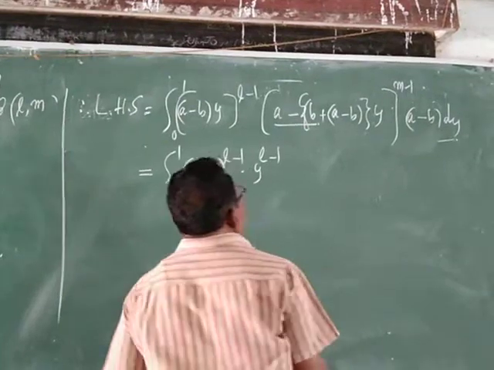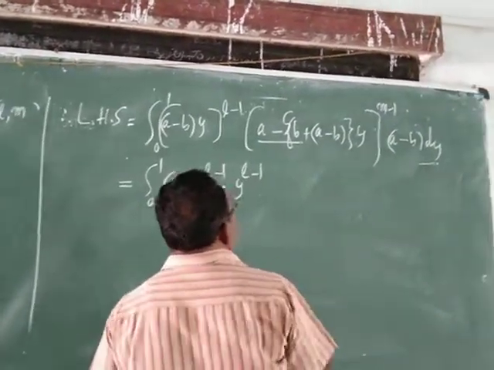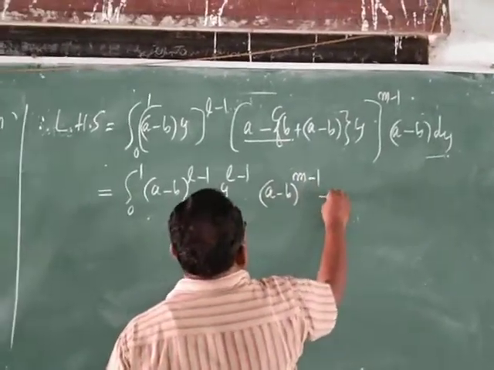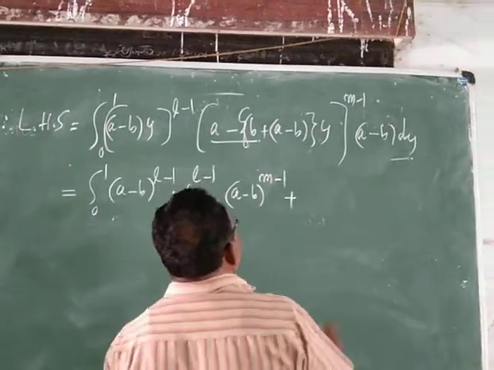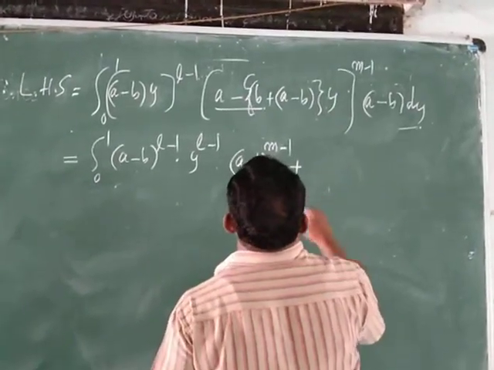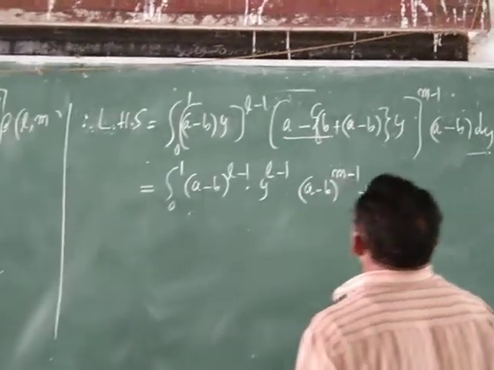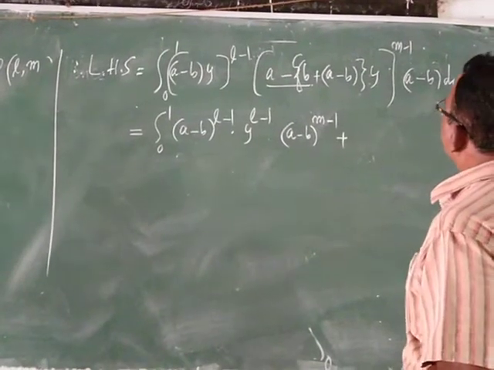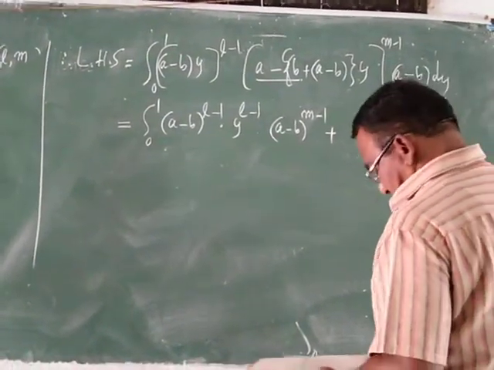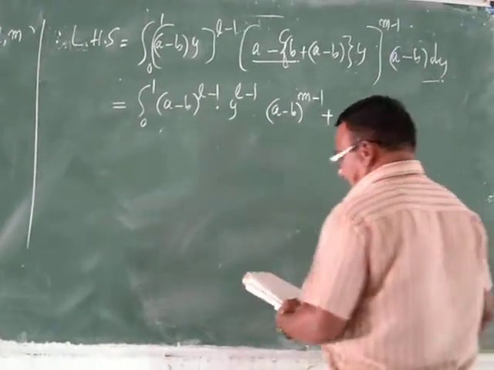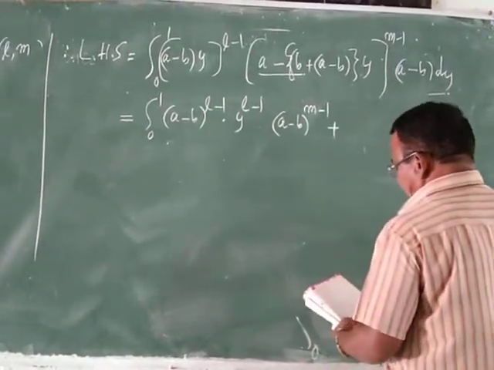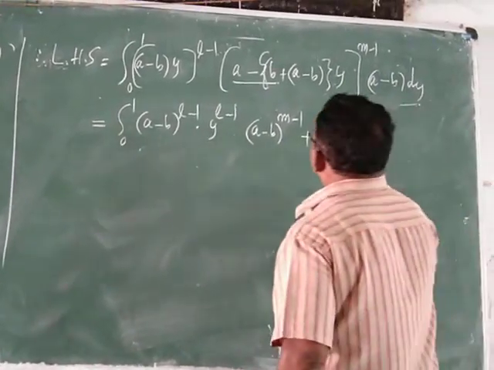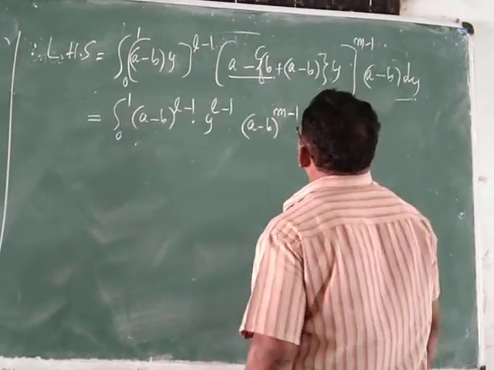This can be written with a minus b whole to the power m minus 1, next a minus b into y, and (a minus b) whole to the power m minus 1.